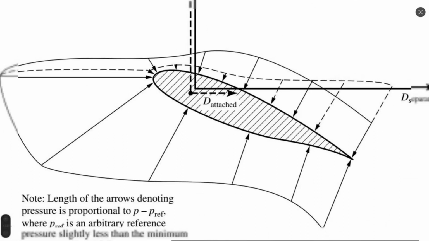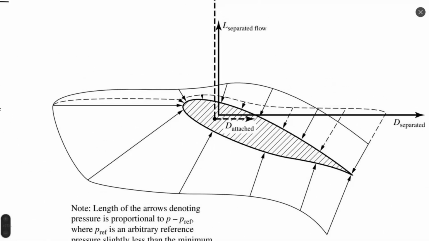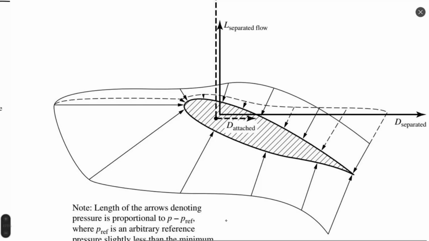And going to see general distribution of pressure on the airfoil, we observe the following: without flow separation, we have different pressure on upper and lower side of our airfoil. This one on upper and this one on lower.